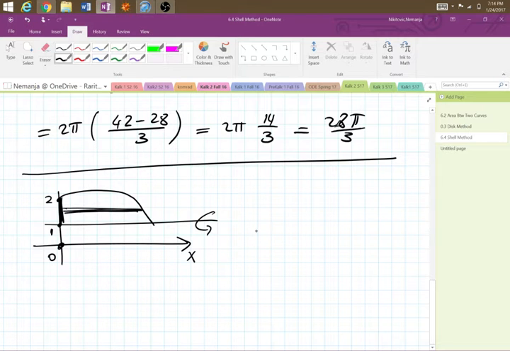So now when you put in your p of y, it is going to be y minus 1, because you don't take care of this, because it will not be swiping this region. It will just swipe from 1 to 2. So it will be integral 1 to 2. You have your 2 pi and so on. You have this, and then whatever the function is, and then you have your dy. So when the problem pops up, it will be clearer.